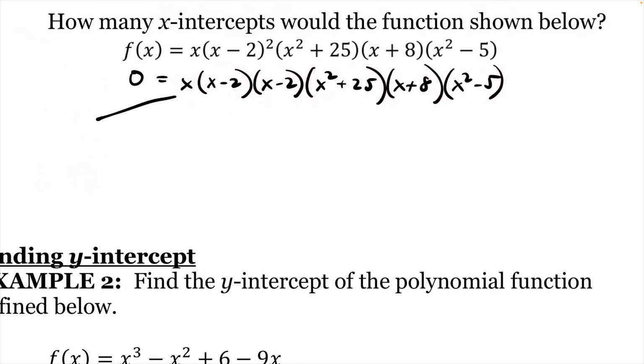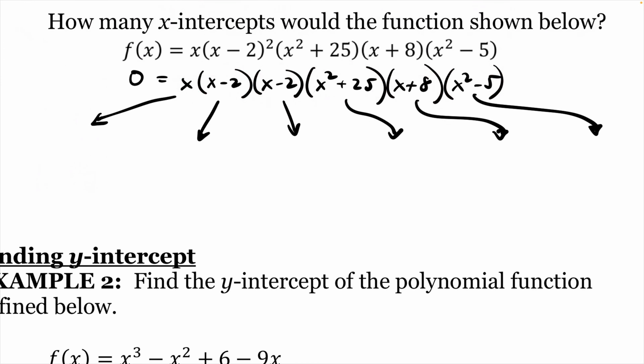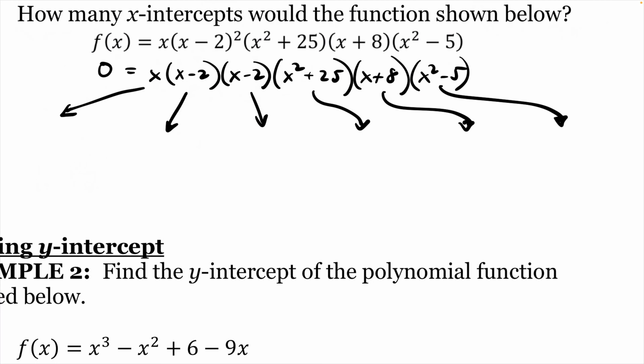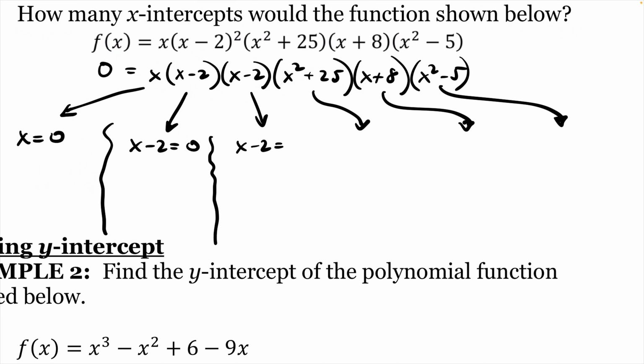Okay? So let me set all of them equal to 0. Like I said, some of these you can do in your head. If you want to do this part in your head, I don't mind that, because we've done this many, many times. So we get x equals 0. X minus 2 equals 0. X minus 2 equals 0.